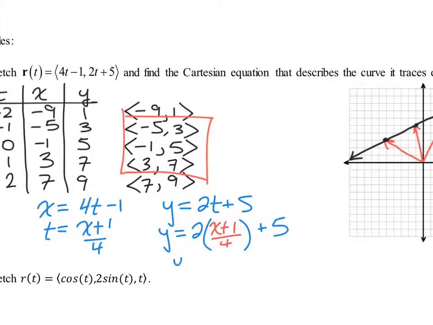Just a little substitution. So (x plus 1) over 2, so 1/2 x plus really 5.5, so it's 11/2. I'm just double checking. Yeah, it looks right. All right, so this would be the Cartesian equation.